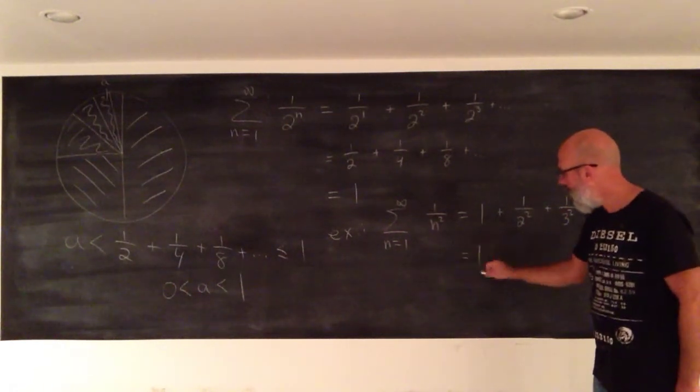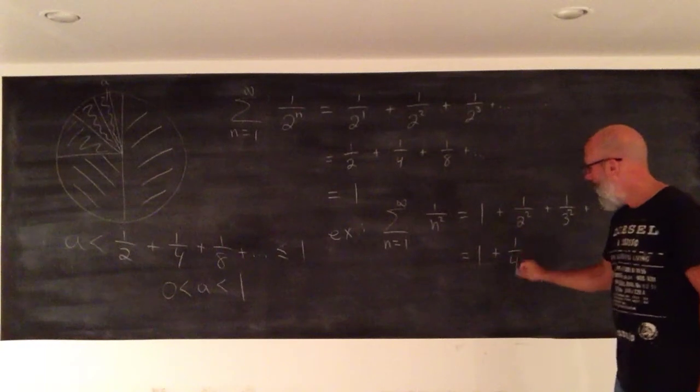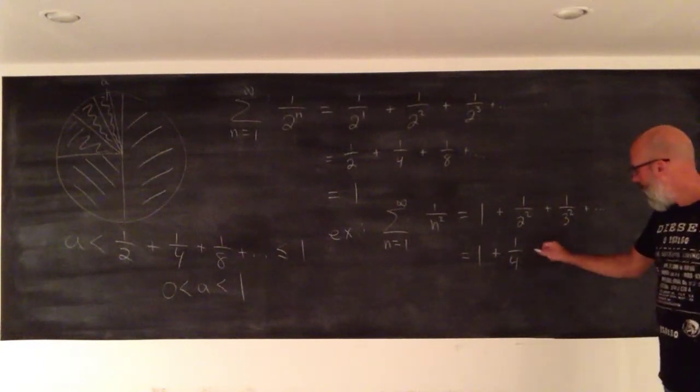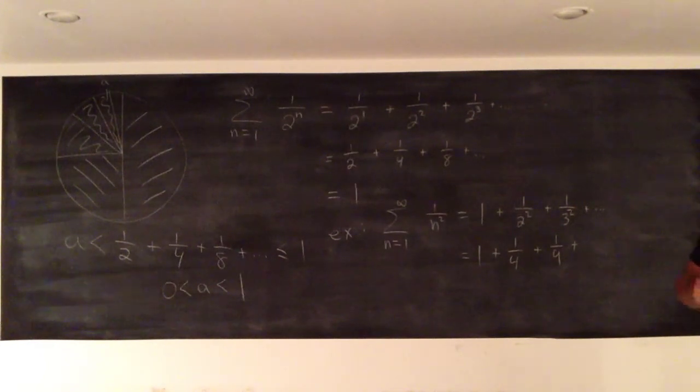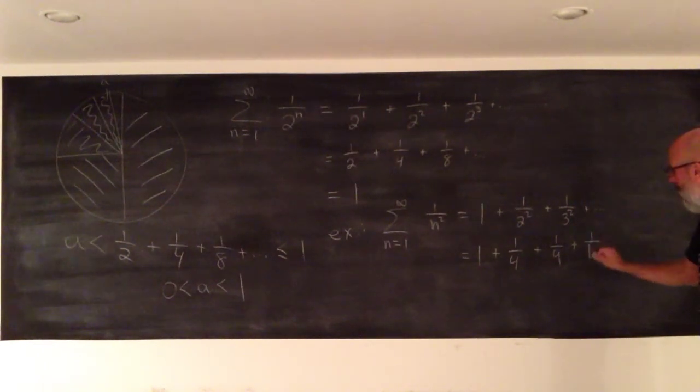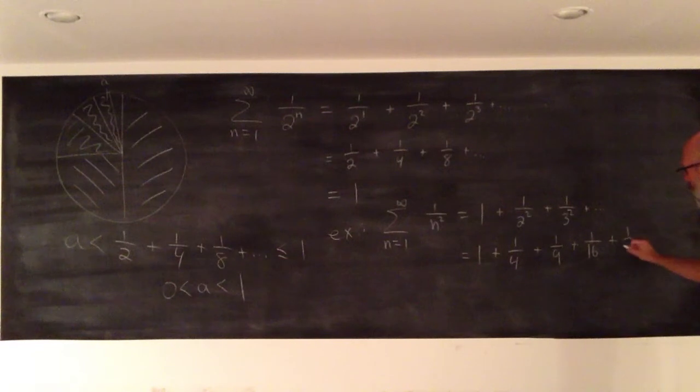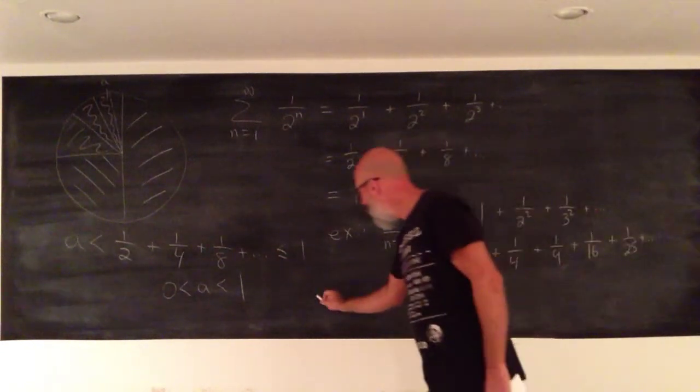Or if you prefer, 1 plus a quarter, plus 1 over 9. The next term would be 1 over 16, and 1 over 25, and so on and so on.